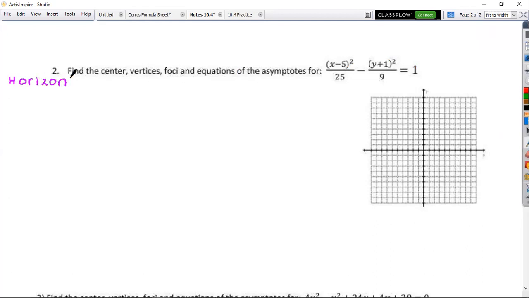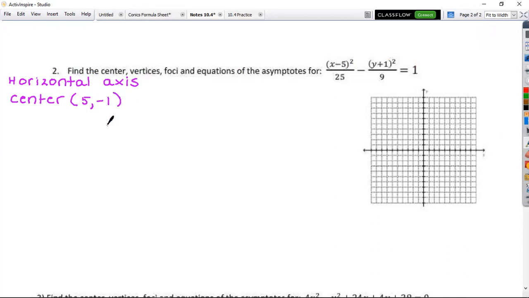So you want to start kind of dissecting it and looking for important information. So horizontal transverse axis, again, I'll abbreviate. I can easily pull the center from this. So my center is located at 5, -1.